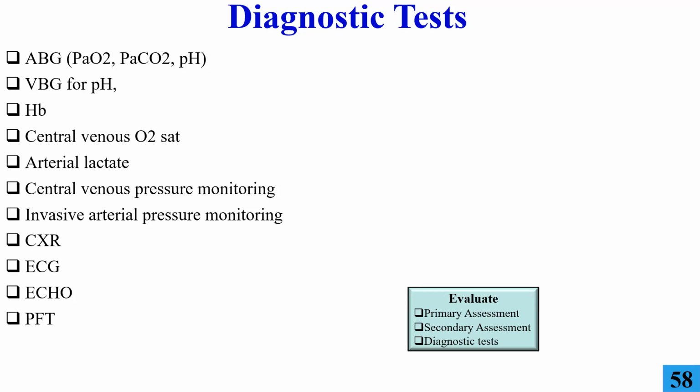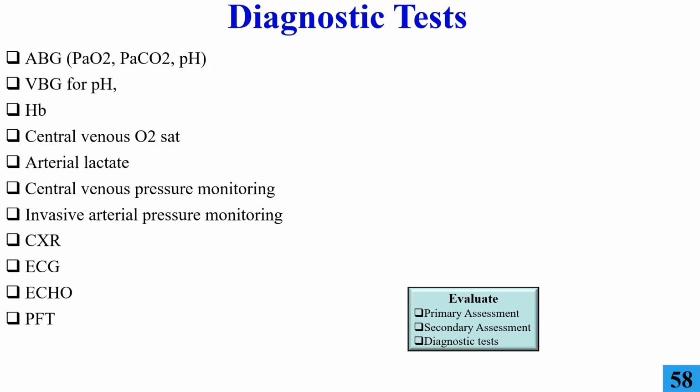So when you do VBG, please use only the pH. But if you want to read the blood gas, it should be arterial blood gas. And if you cannot get the arterial blood gas for any reason, we do capillary blood gas, or CBG. We always need hemoglobin.